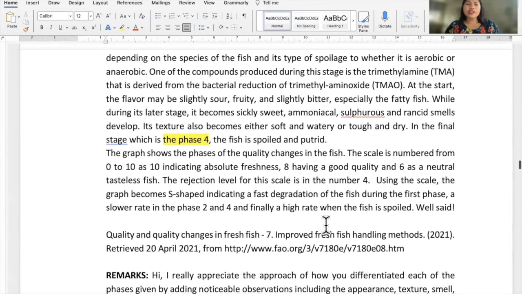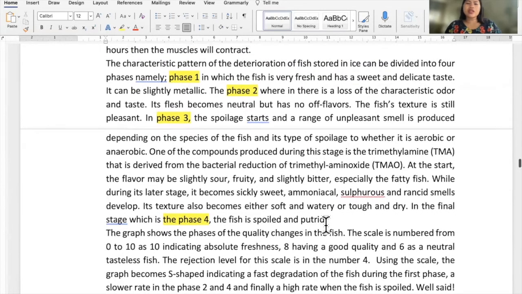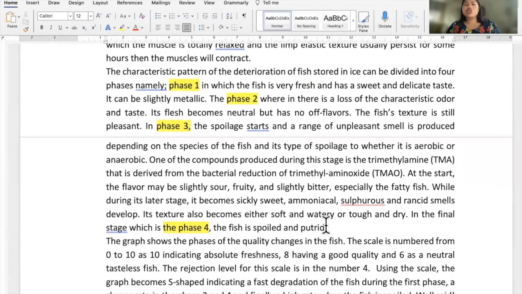So phase 1, as explained here, is the stage where the fish is still very fresh and has a sweet and delicate taste. While in phase 2, the fish remains acceptable, however, it has lost its characteristic odor and taste, but it has no off flavors yet.